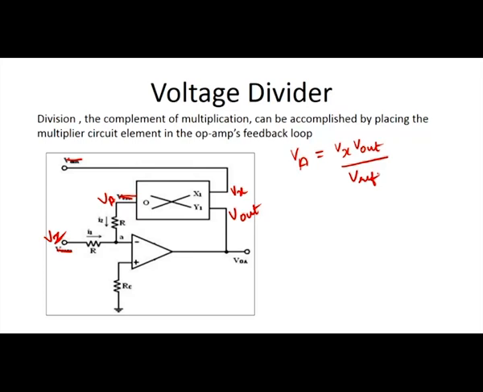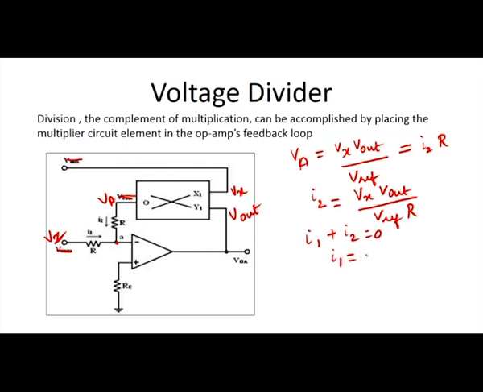This is the voltage for Va, and from the circuit Va can also be written as I2 into R. Now I2 is written as Vx V out by V reference into R. This is I2, and at A, if you apply KCL, I1 plus I2 is equal to 0.